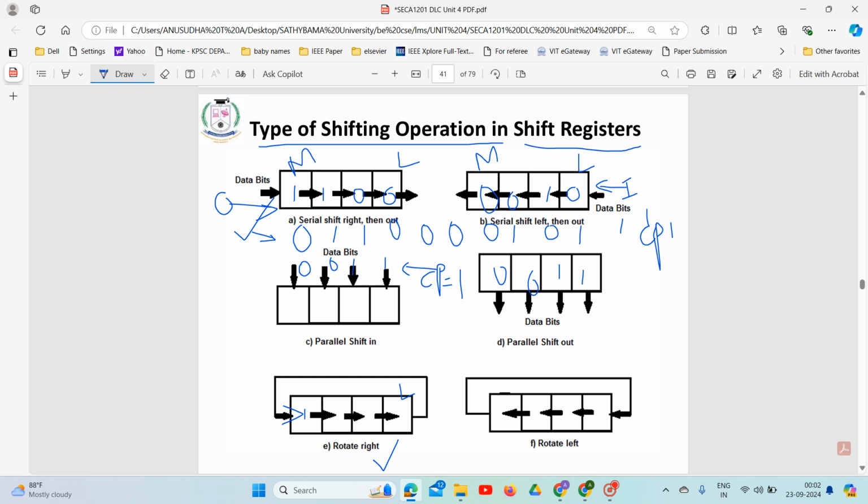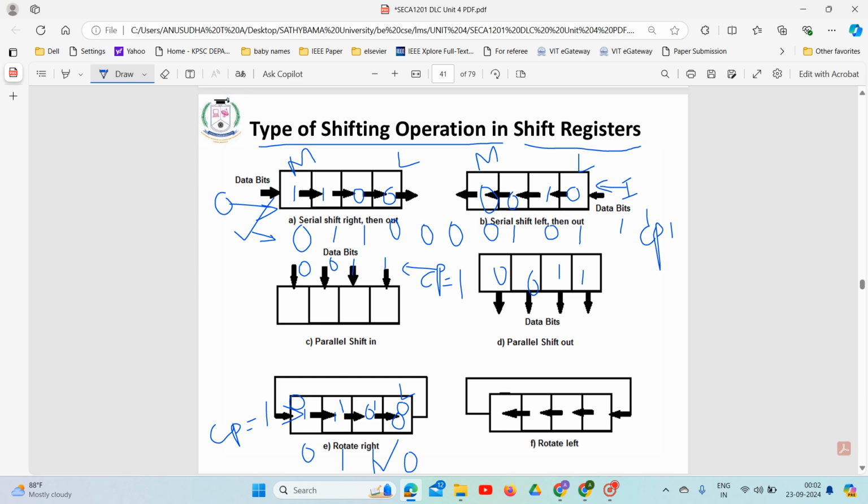For example, if you are storing 1100, for clock pulse 1, only if you give the clock pulse does it shift the data. What is there in the LSB, 0, comes to the MSB. Whatever was in the MSB comes to the next position, and so on. After the clock pulse, we get the result 0110. We call this rotate right.